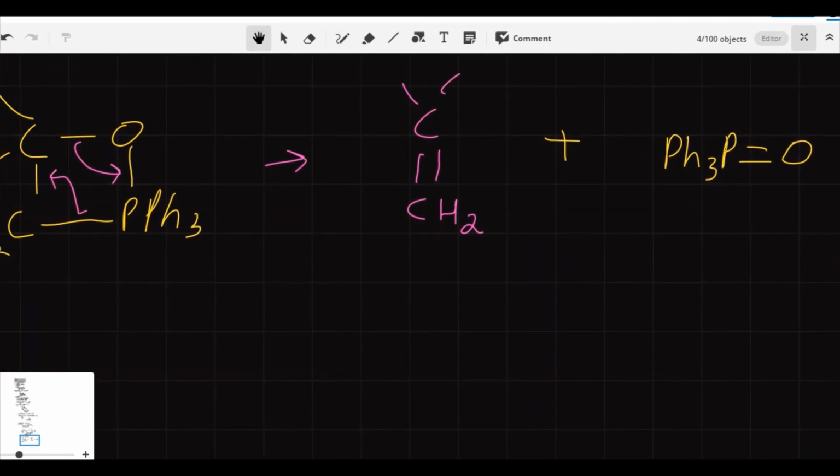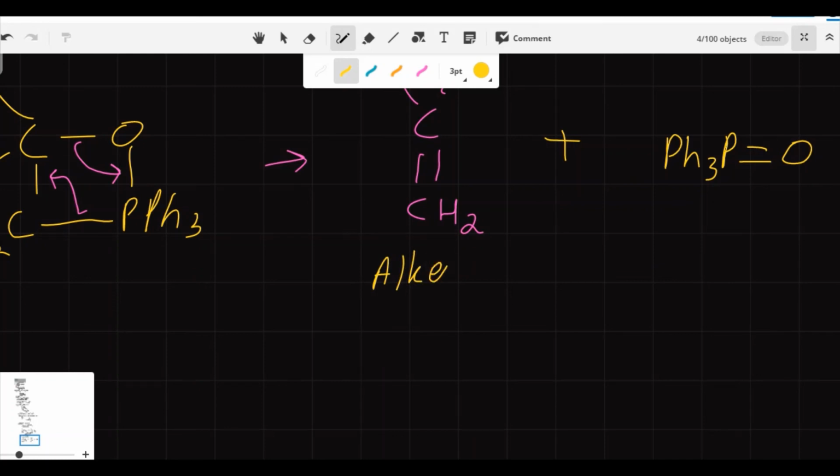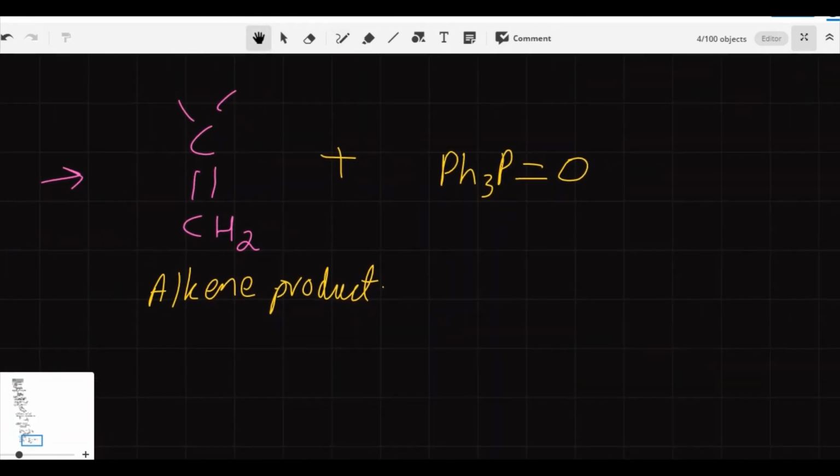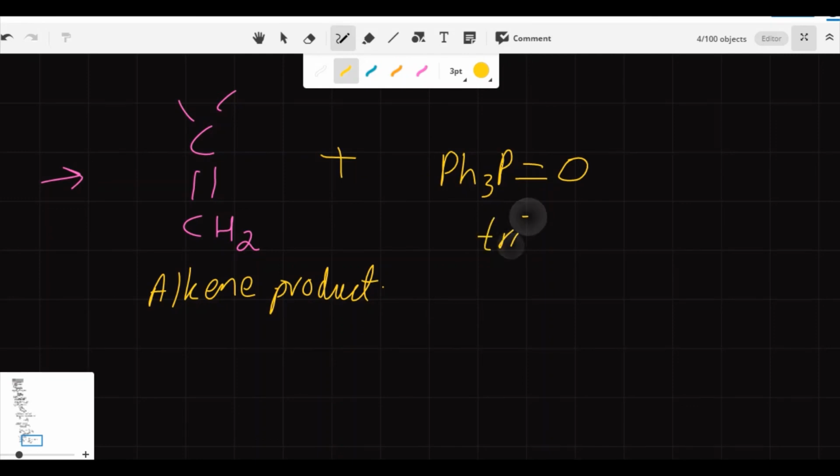So here you can say that is the alkene product, and along with the alkene product there is another product, known as triphenylphosphine oxide.